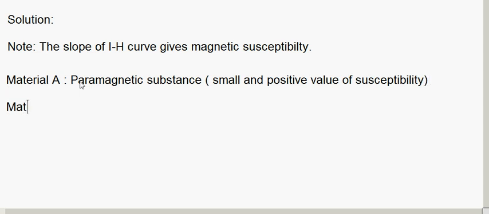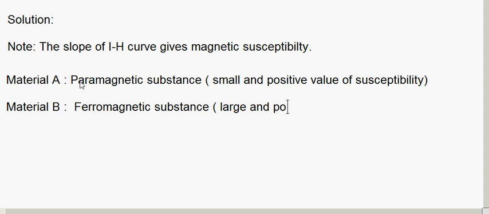Now material B. What is material B? It has a larger and positive value of susceptibility, and hence it is a ferromagnetic substance. Large and positive value of susceptibility.